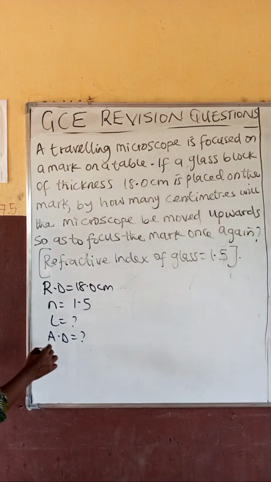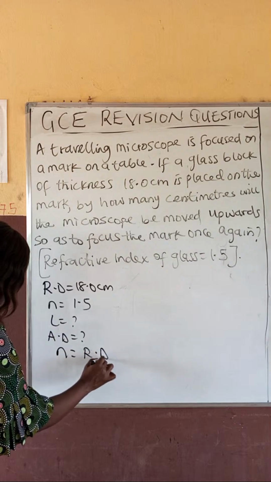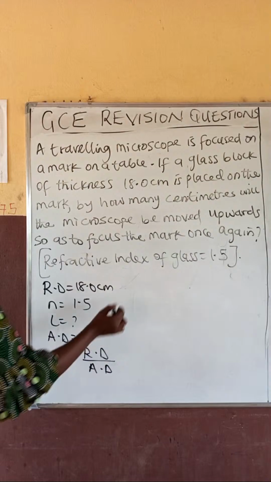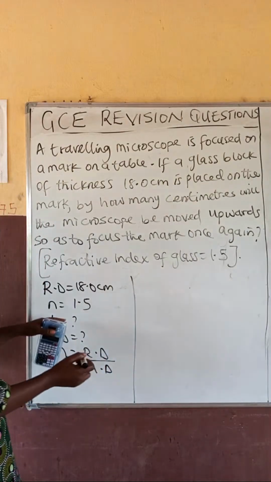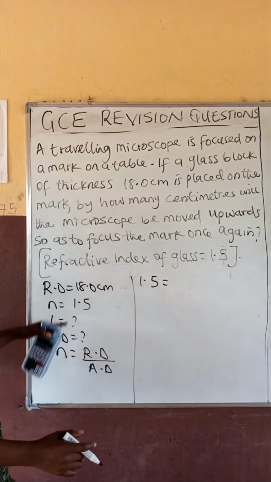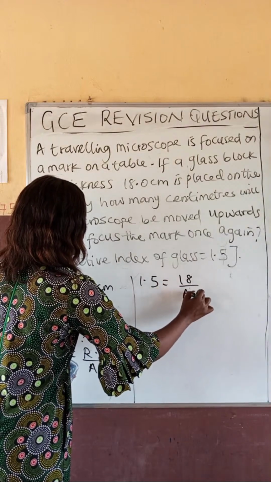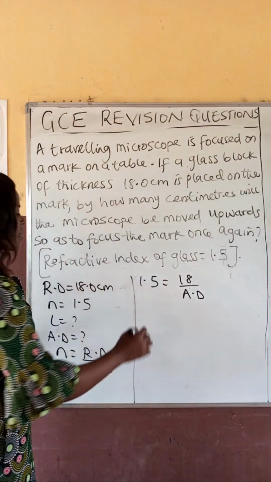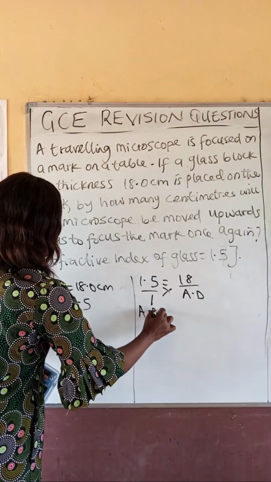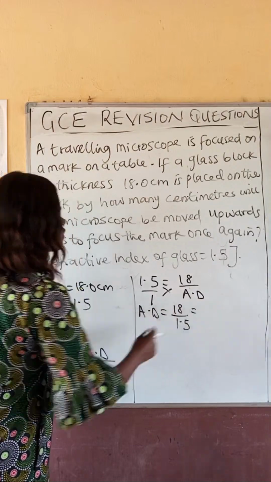And the formula is n equals real depth over apparent depth, right? So my n, which is refractive index, is given as 1.5, equals the real depth, 18, divided by apparent depth. I can cross multiply: apparent depth equals 18 divided by 1.5.